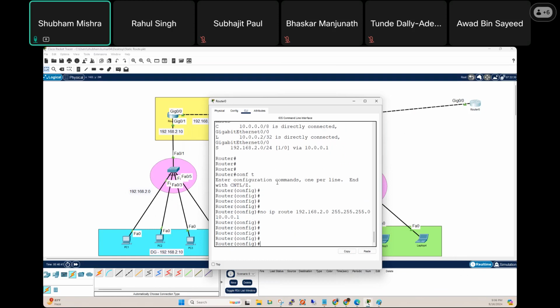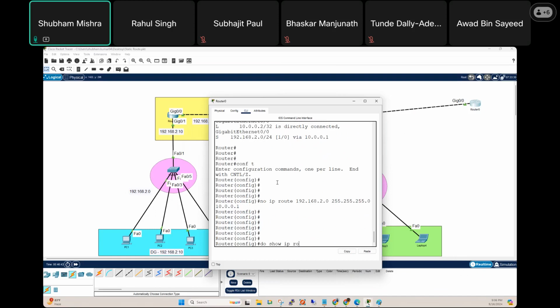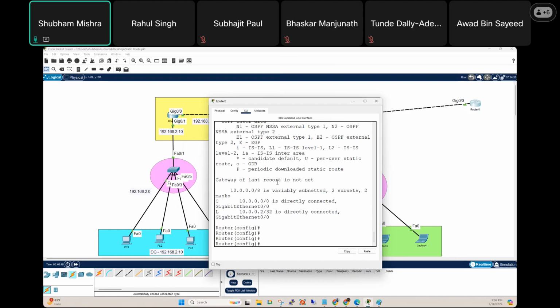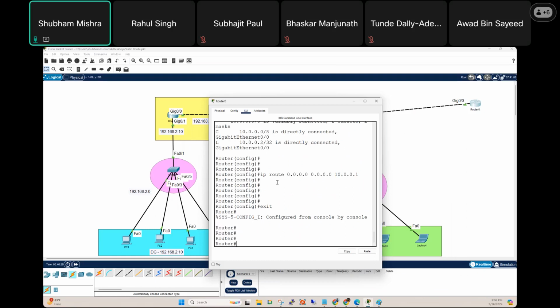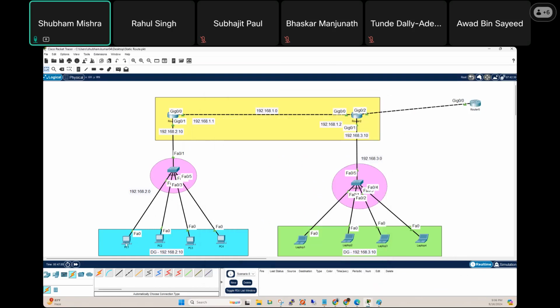This is the next hop, right? Do show ip route. It means I cleared all the routes here. Right now, I configured ip route 0.0.0.0 0.0.0.0. Next hop will be, guys, 10.0.0.1. So it means on every router I configured the default route.